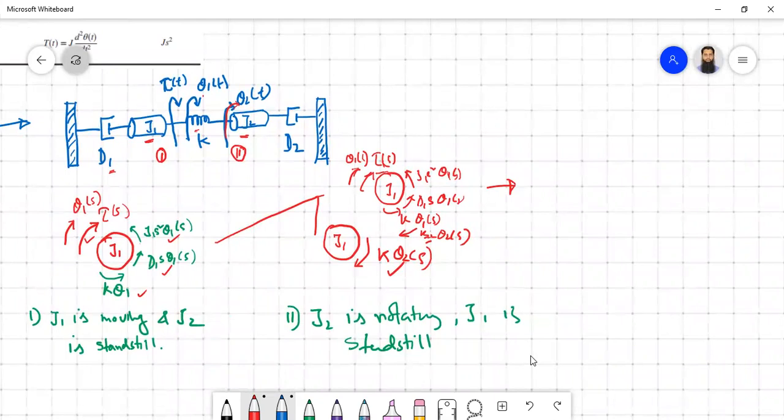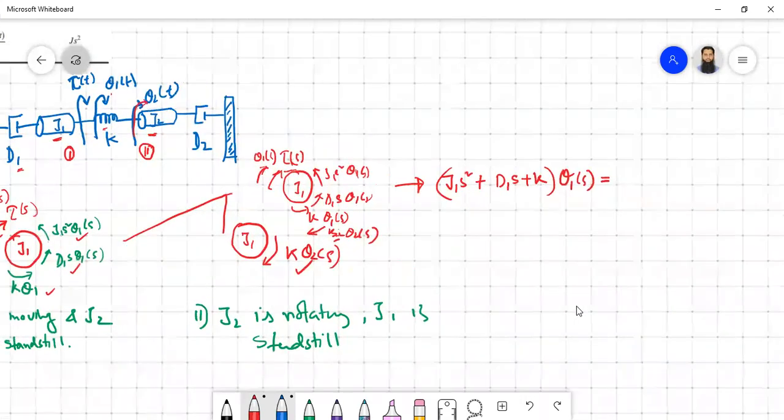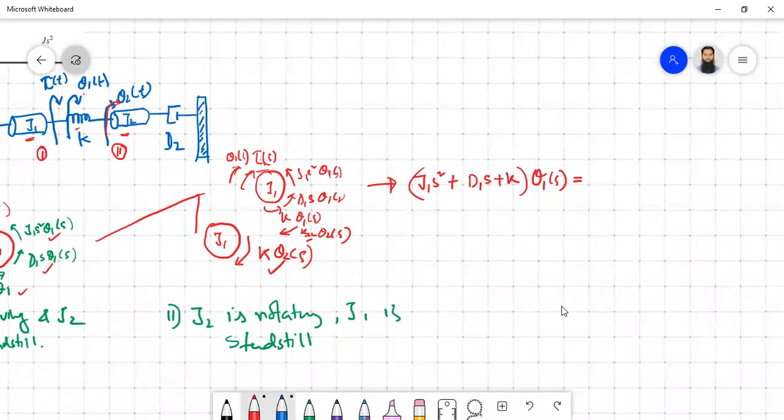So what we are going to get here is J1 s square plus D1 s plus K, taking theta 1s common, theta 1s equal to tau s plus K theta 2s.